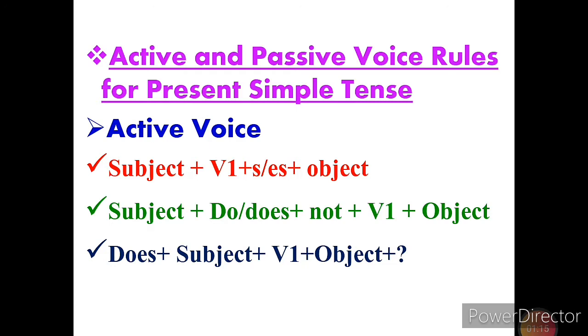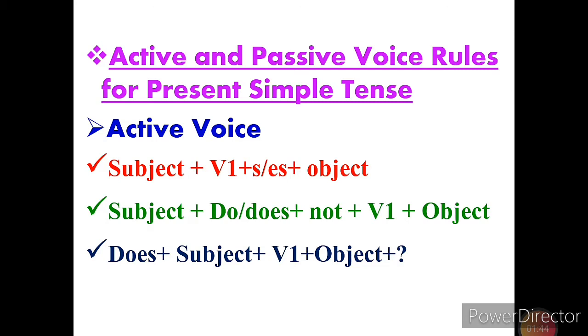Sometimes the base verb takes s or es, and object. So here the formula is subject, verb and object. The verb is the base verb. Sometimes the base verb takes s or es or ies based on the third person singular.